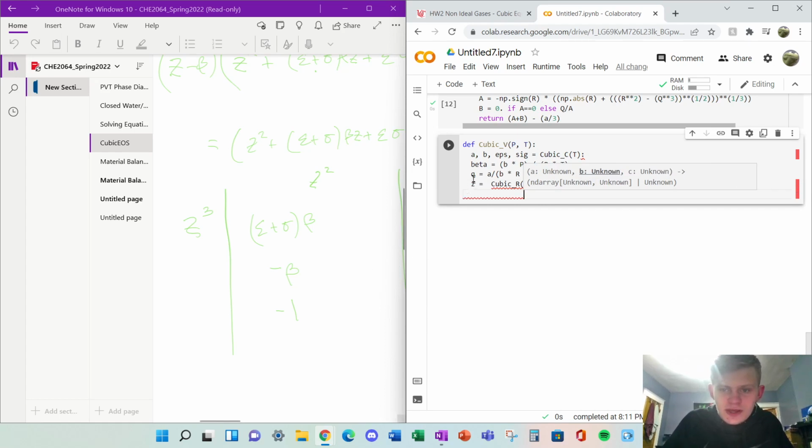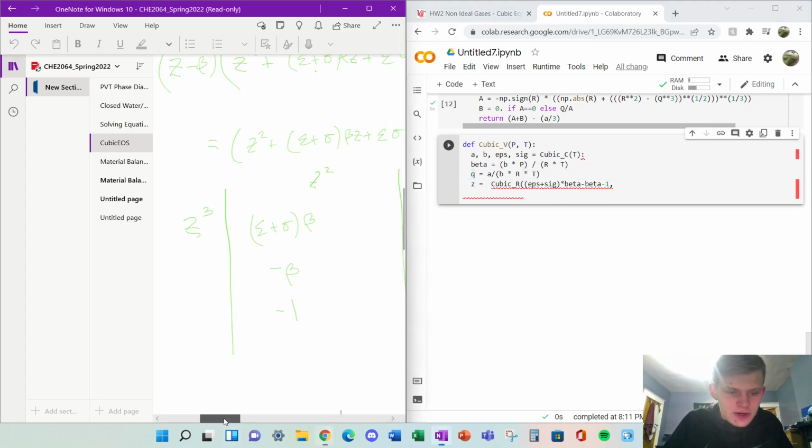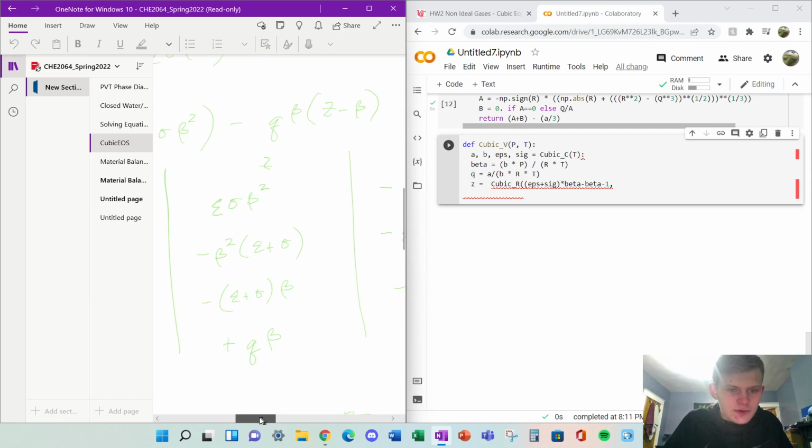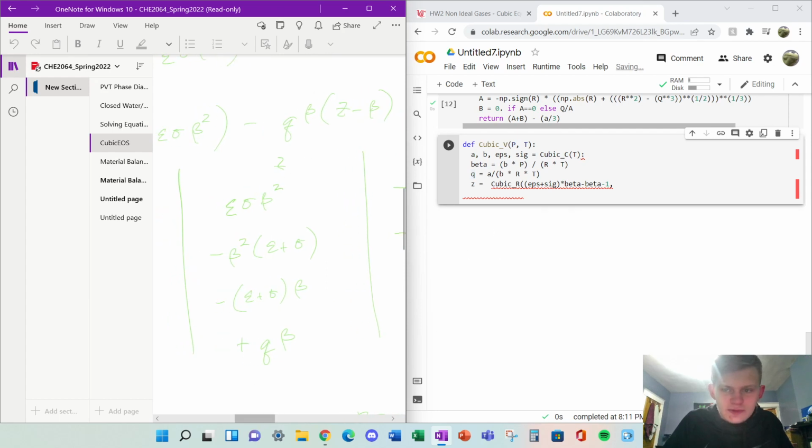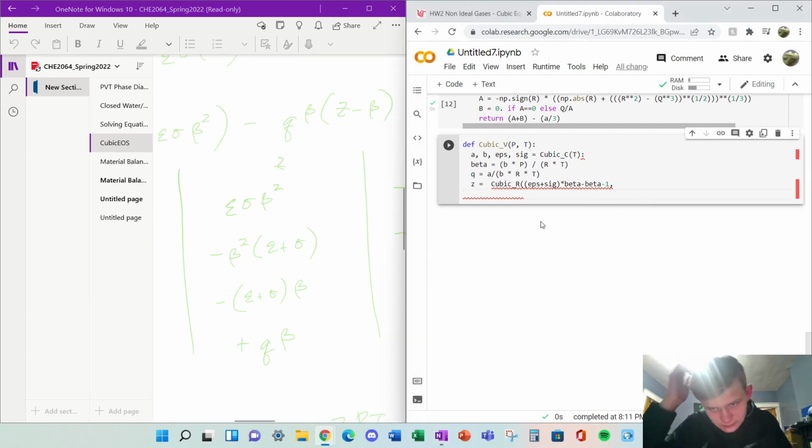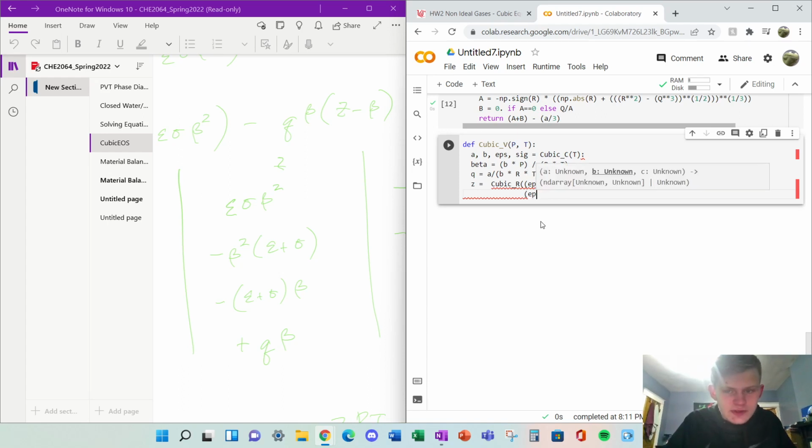And we now want to set our next root, which is our Z value. So what we want to do here is set our next values, which is now our epsilon value times our sigma value times our beta value squared.